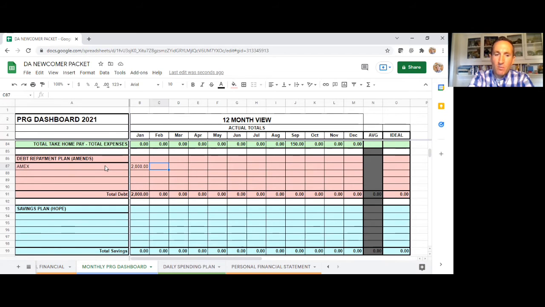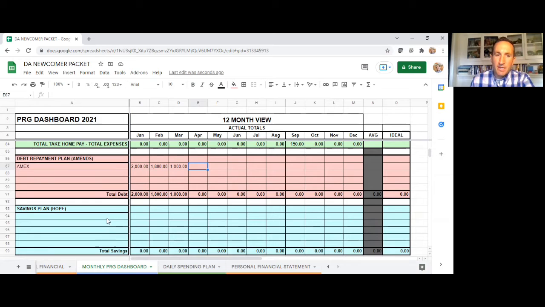So at the end of February, if we ended up paying $200, then this would be $1,800. If we paid $800 in March, then we're down to $1,000. So the cool part is we can start to see that this number's going down.